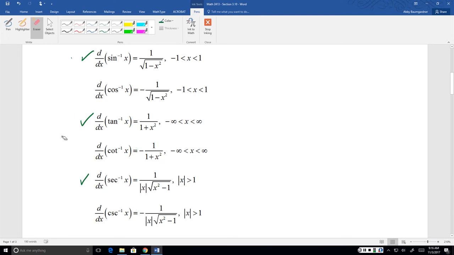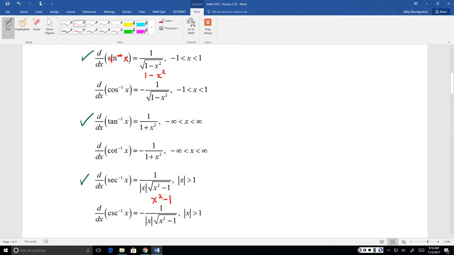So I can tell you what I did when I was in school. You may hate it, but the sine inverse of x, the I kind of looks like a 1, there's a minus, there's an x. That helped me memorize that it was 1 minus x squared, as opposed to the secant, which was x squared minus 1. I don't know if you like that or not, but it helped.